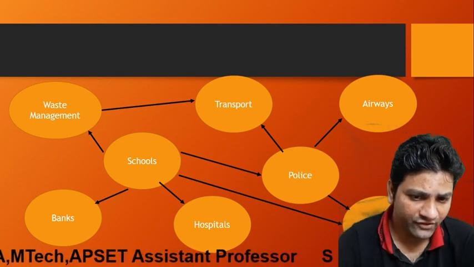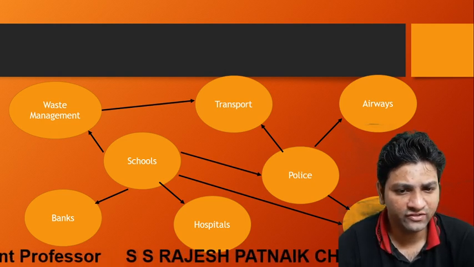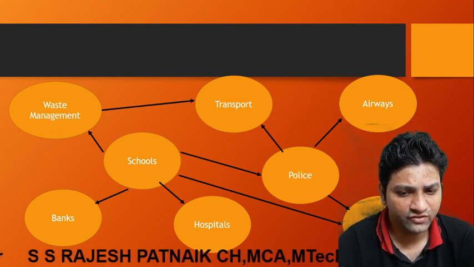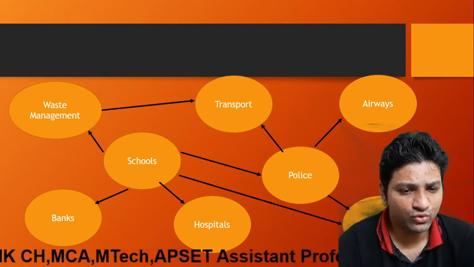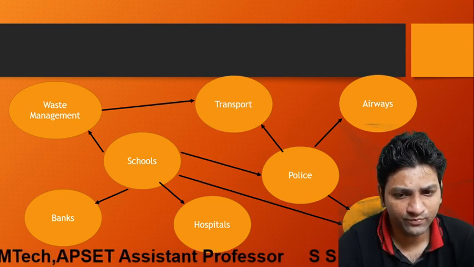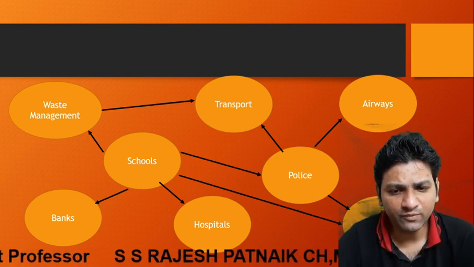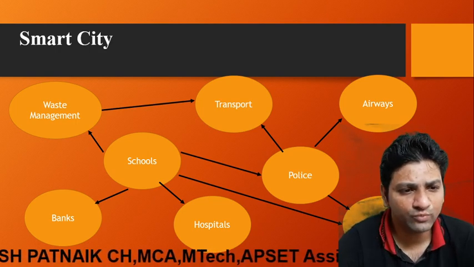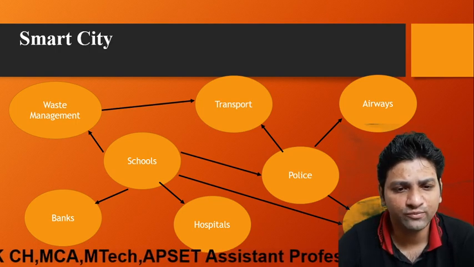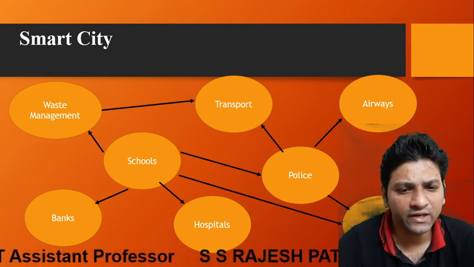We also need different types of transport: police use the airways, transport services, and railways. Transport sends goods, exporting and importing them to different areas. So in this particular smart city there are different types of elements, and each element may interact with one another.